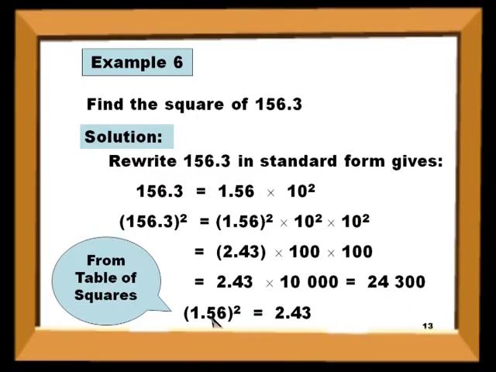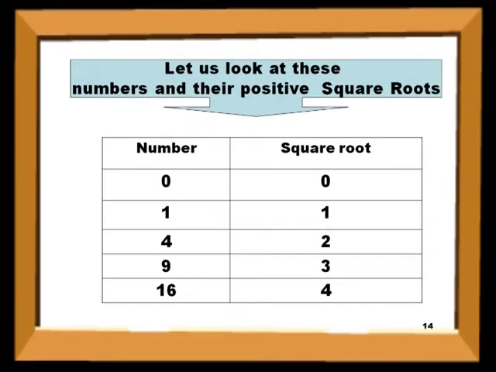From the table of squares, 1.56 squared equals 2.43.